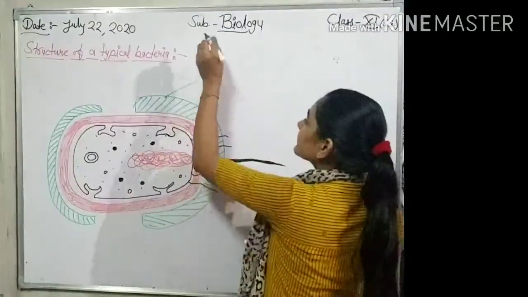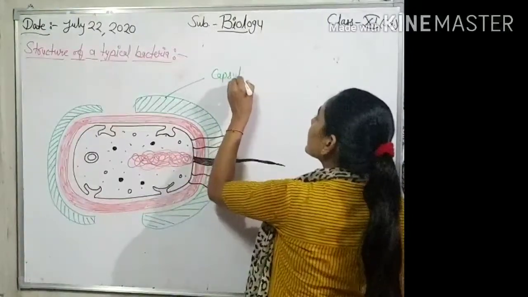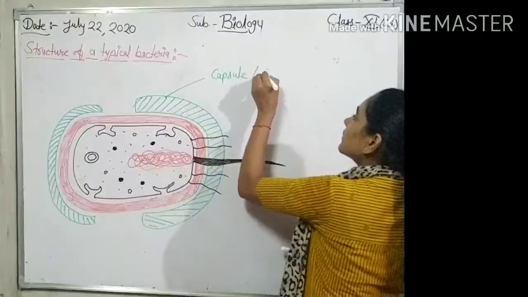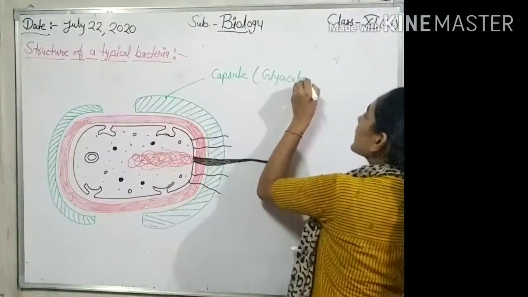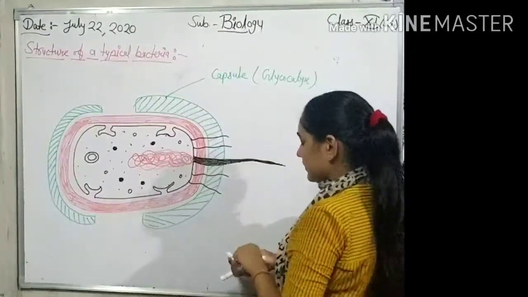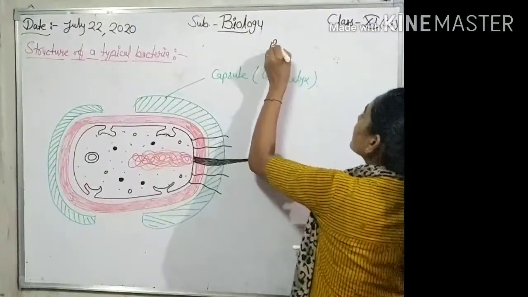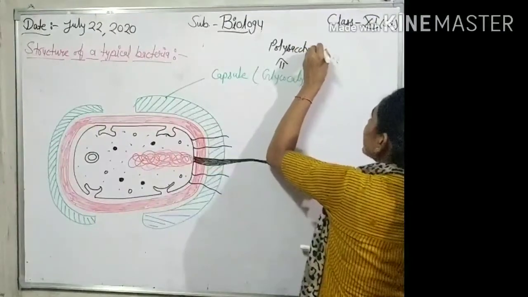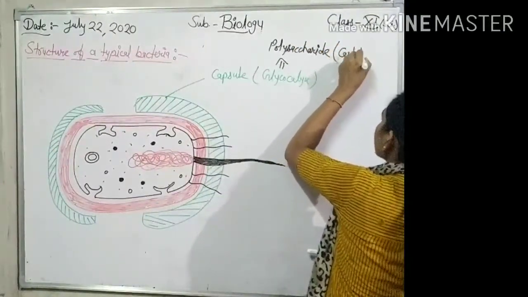This outermost covering is known as capsule. It is made up of glycocalyx. Glycocalyx means polysaccharide. Polysaccharides are carbohydrates.